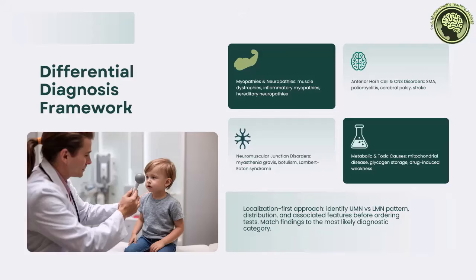Central nervous system disorders are more likely to produce spasticity, hyperreflexia, or additional cortical and developmental findings. Neuromuscular junction disorders often cause fluctuating or fatigable weakness, while metabolic and toxic disorders may produce episodic, multisystem, or exposure-related patterns. Clinical localization should guide the choice of investigations rather than allowing tests to replace examination.